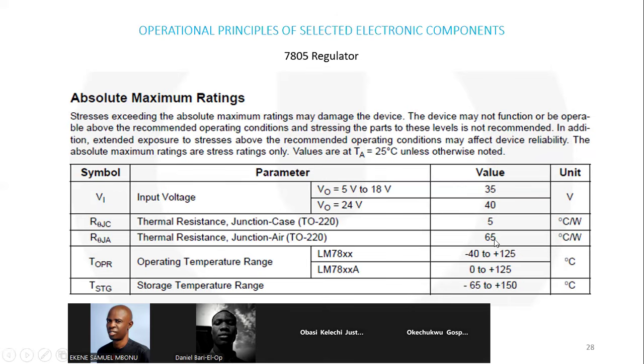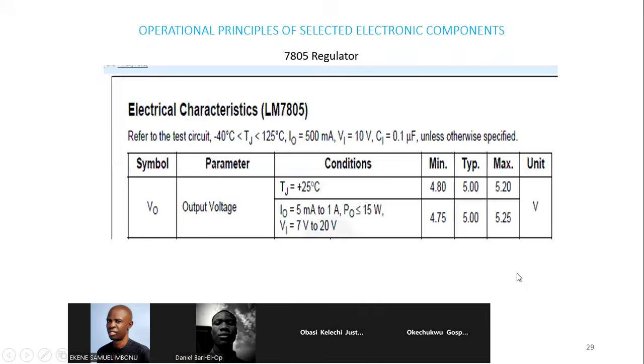Then these are the working temperatures. I think we are blessed. The temperature here is friendly, so we don't need to worry about the temperature. The room temperature here is between 25 and 33. So that's just that. We proceed.